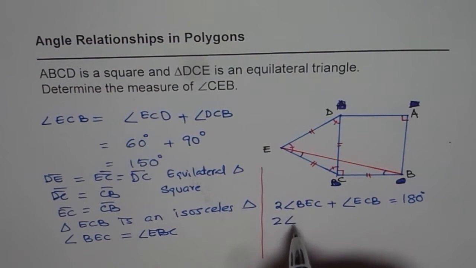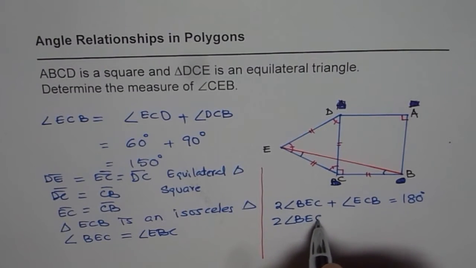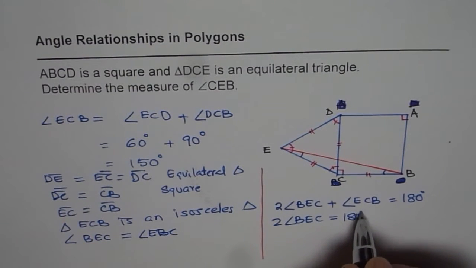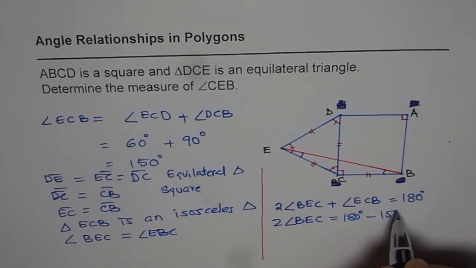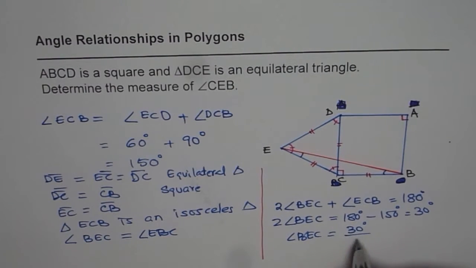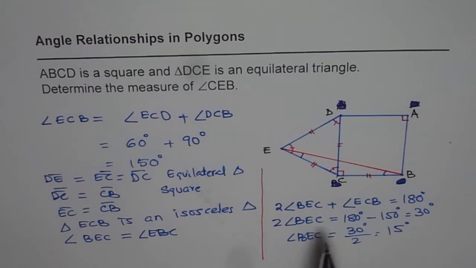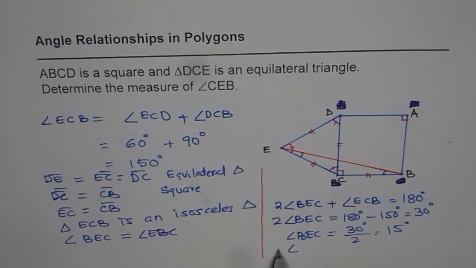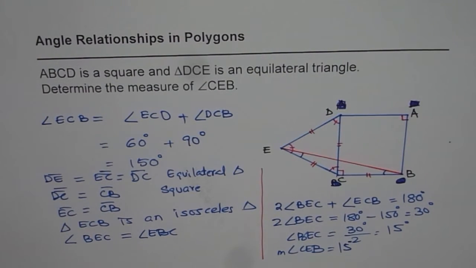So 2 times angle BEC is equal to 180 degrees minus 150 degrees, that is 30 degrees, correct? And therefore angle BEC is equal to 30 degrees divided by 2, or 15 degrees. That is how we can find the angle CEB, right? So the measurement of angle CEB is equal to 15 degrees. So that is our answer.